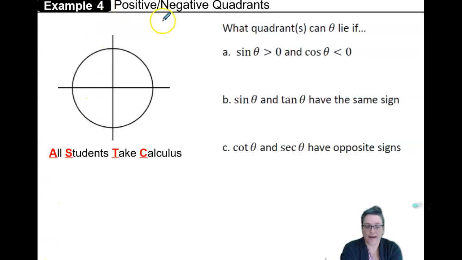Hey, welcome back. In example 4, we're asked what quadrants theta can lie in if the sine is positive and the cosine is negative. Recall the quadrants are numbered 1, 2, 3, and 4.